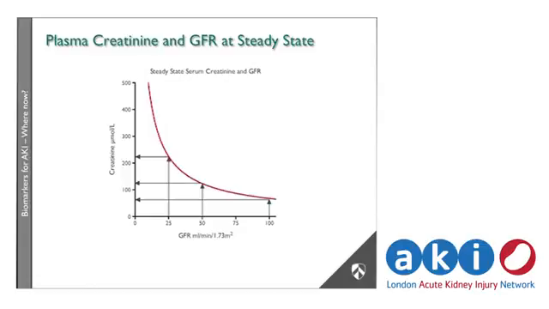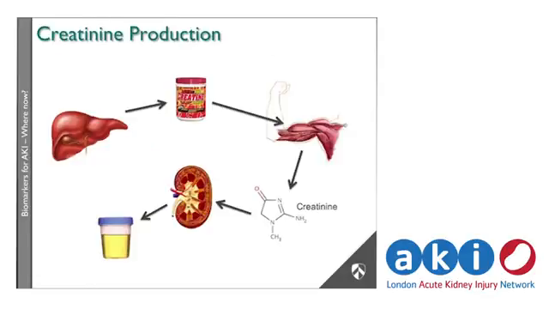So a change in your creatinine from 70 to 90 probably has very large implications, whereas we're much keener to note a creatinine going from 280 to 400, but in fact the implications in GFR are very similar.